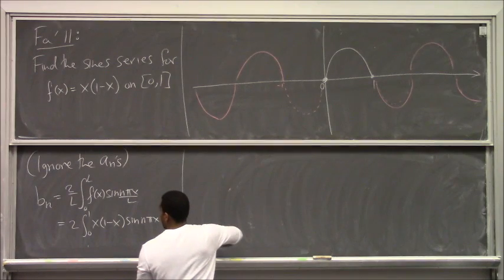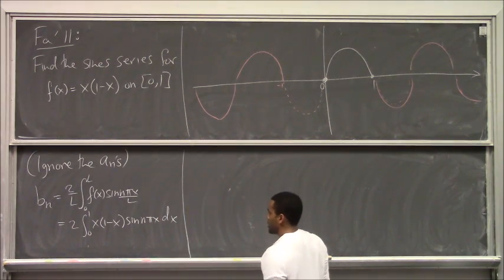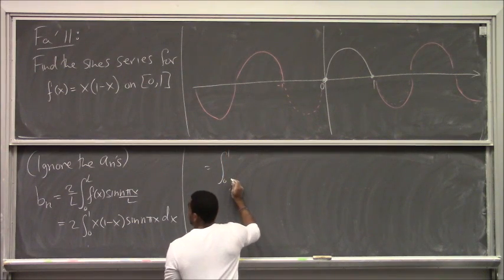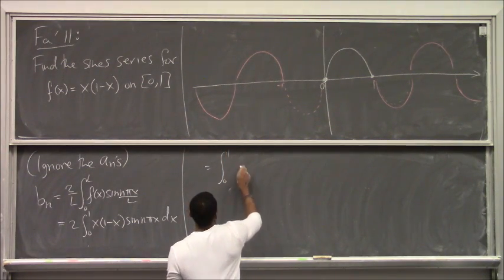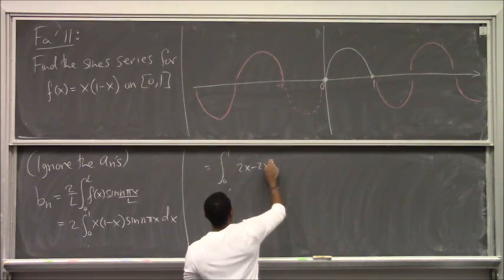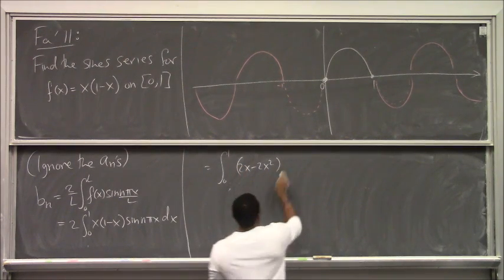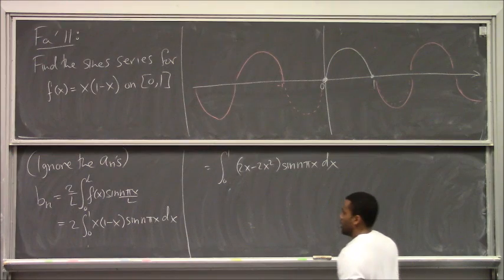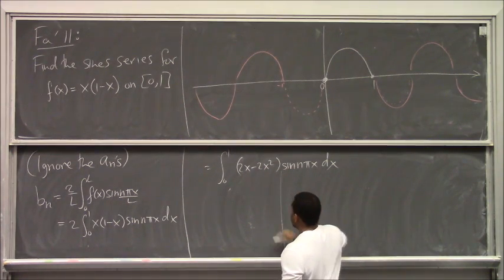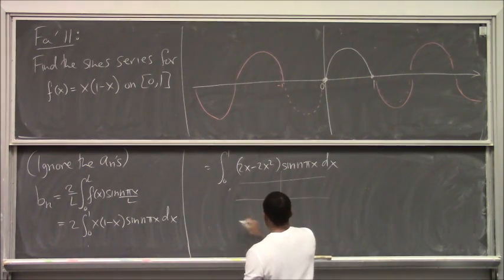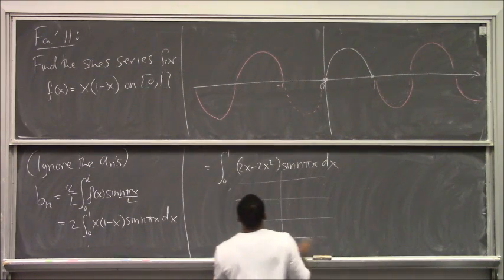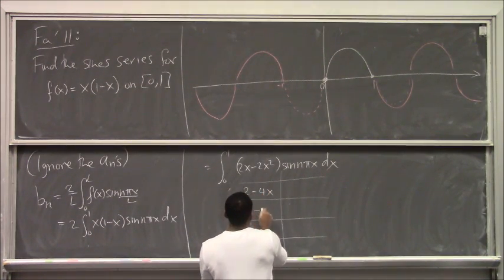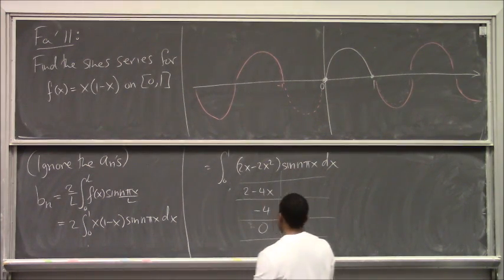How are we going to integrate that? By parts. I'll look at it as 2x minus 2x squared times the sine of n pi x, and maybe just do a tabular thing. 2 minus 4x, then minus 4, and then 0. You stop when you see the 0.